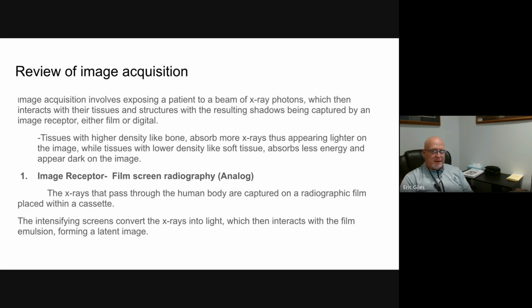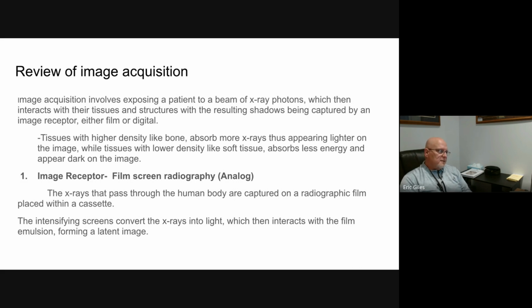We don't do anything with analog stuff. Tissues with higher density like bone absorb more X-rays, and thus appear lighter on your X-ray film, whereas tissues with low density, like soft tissues and lung tissue, absorb less energy. So more energy is going to make it through to the image receptor, and your image is going to be darker. That's what image acquisition is. It's also called image attenuation.